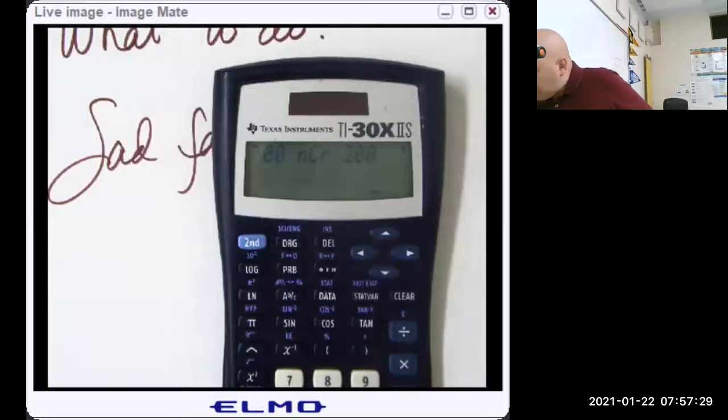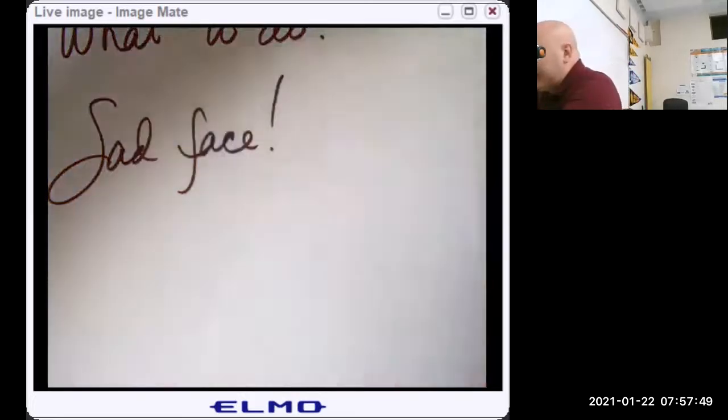What is it doing? Huh. Wow, doesn't seem to be doing anything. What's going on? Well, it turns out 500 choose 200 is bigger than 10 to the 100th power, so it overflows the calculator. Number's too big to handle.